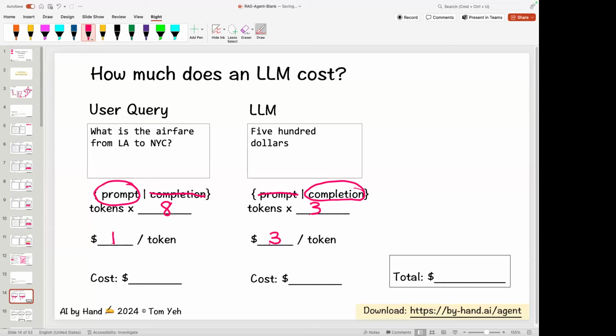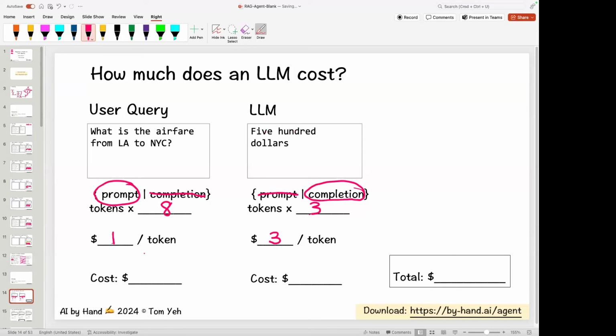For a prompt token, a transformer-like architecture analyzes the text in just one pass of the transformer stack, whereas for the response, $500, it has to take 3 different passes, each pass generating 1 token. So it's slightly more expensive. The rough figure is 1 to 3.